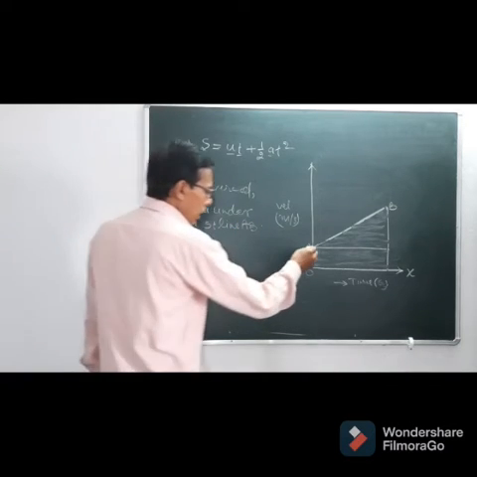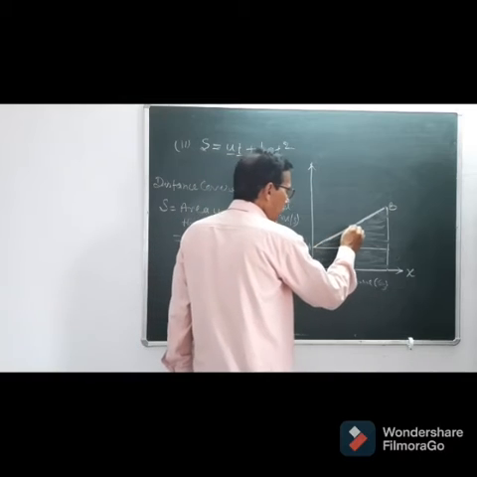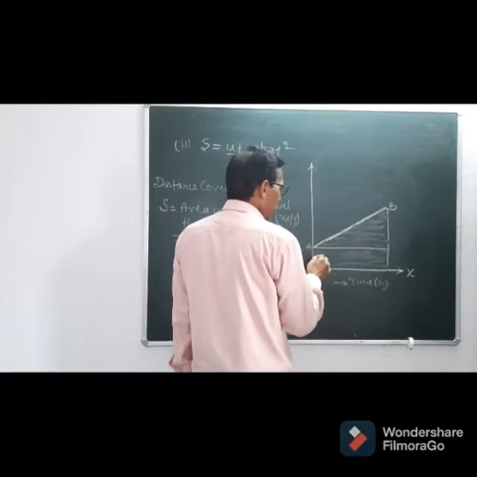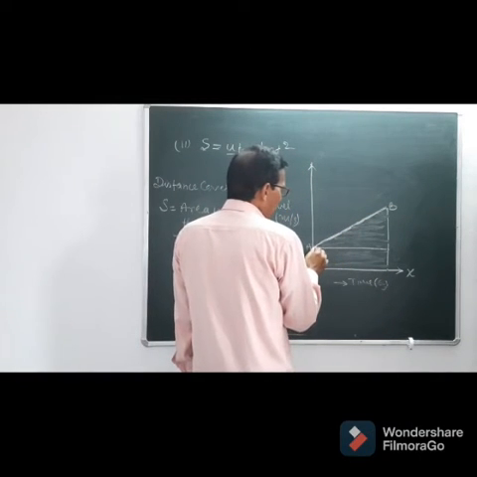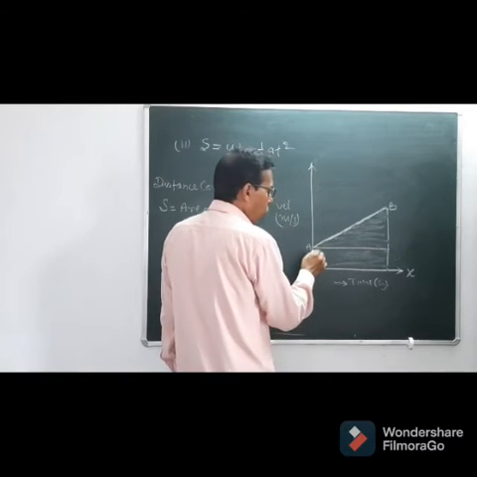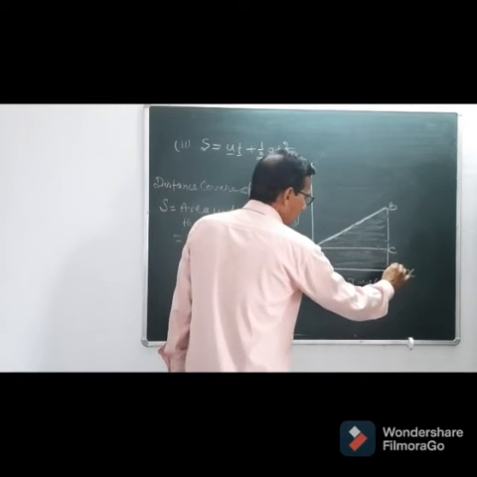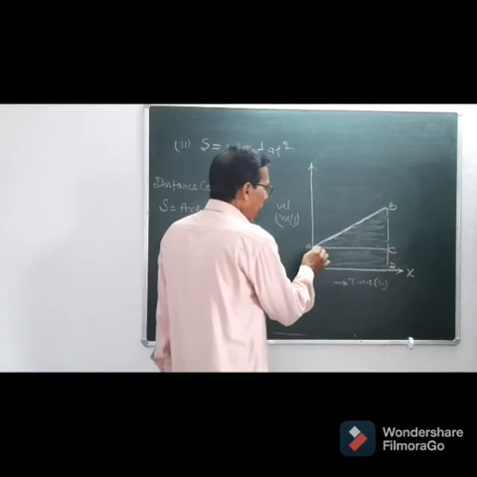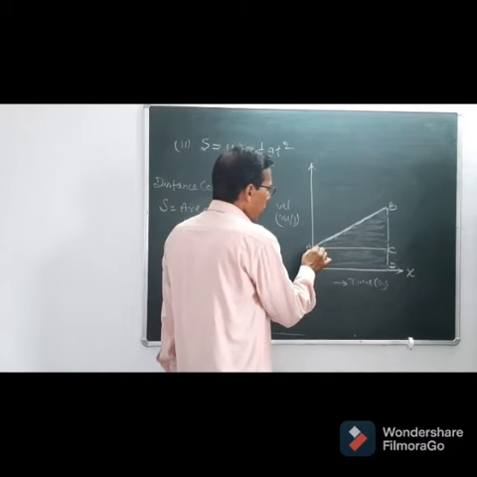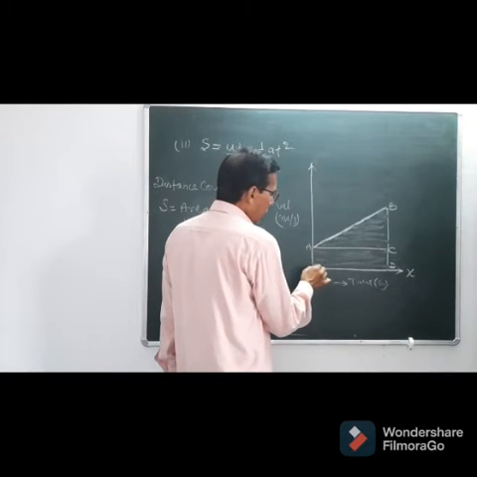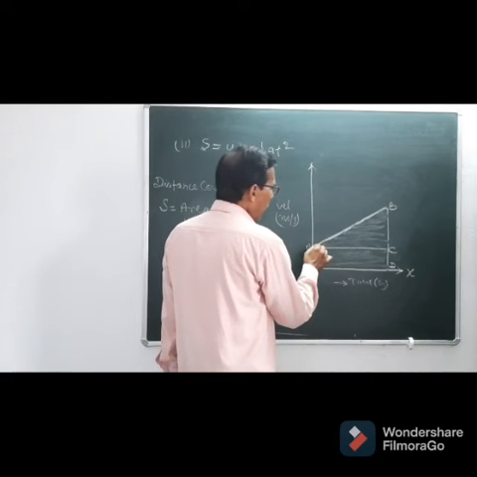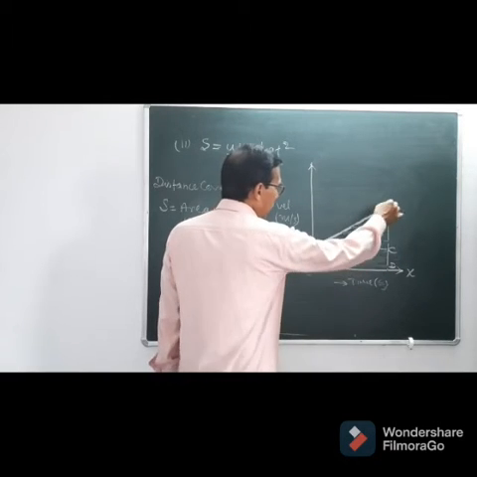That is the area of rectangle OACD plus the area of triangle ABC.